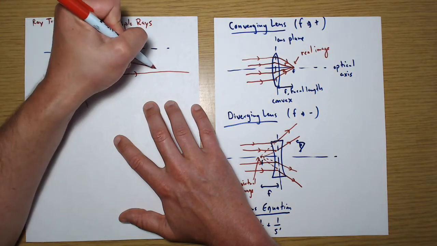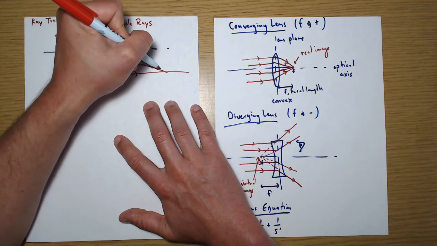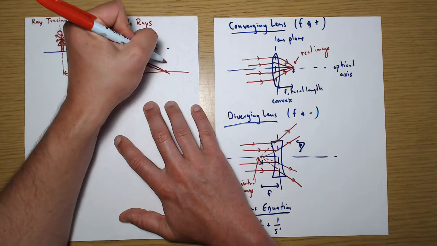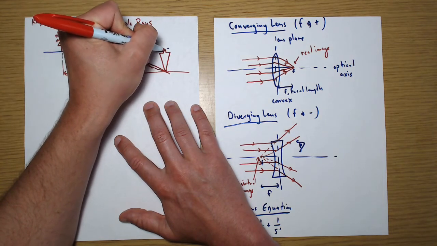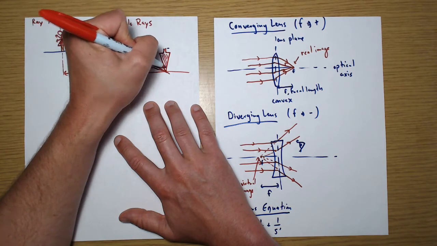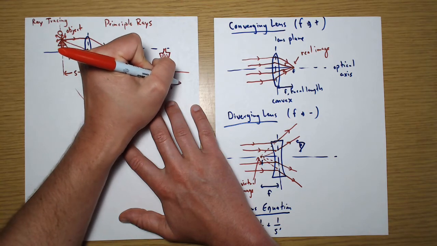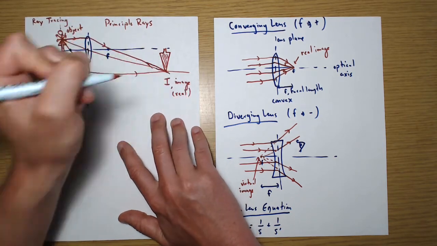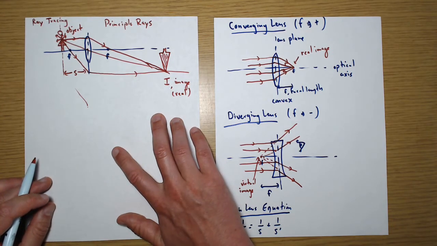All right, so let me correct my picture here a little bit. Now, if I drew it perfectly, it would look something like this. All these rays focus at this point right here. And this is my image. And the image in this case, it's a real image, which I could take a picture of, say, by projecting it onto a screen.